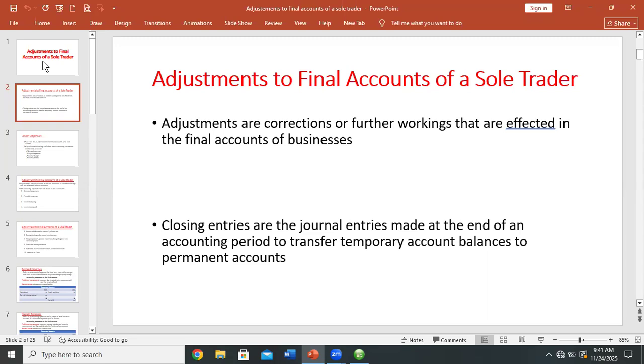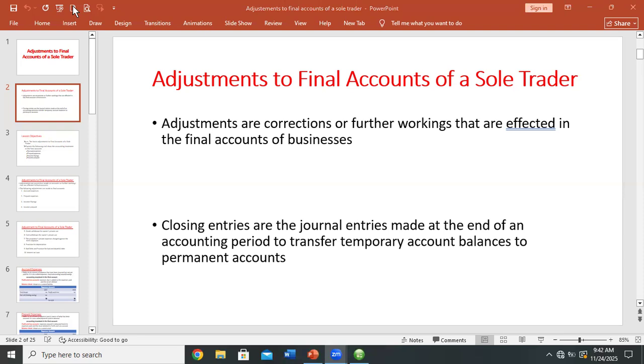Please, am I making sense? Just to reinforce what I said, we all appreciate that when we do the double entry, right? When you are doing your debit and credit, debit the receiver, credit the giver, you prepare numerous accounts: sales account, purchases, cash account, bank account, rent, salaries.